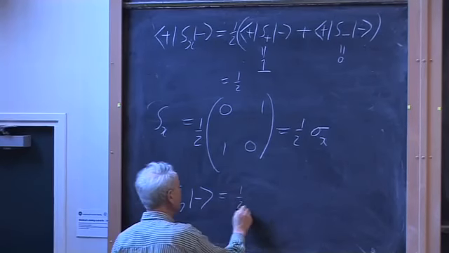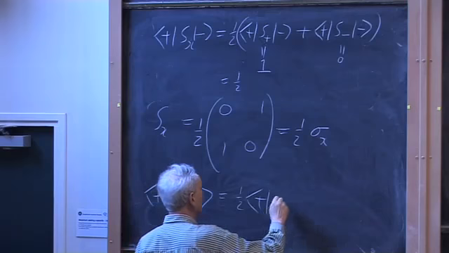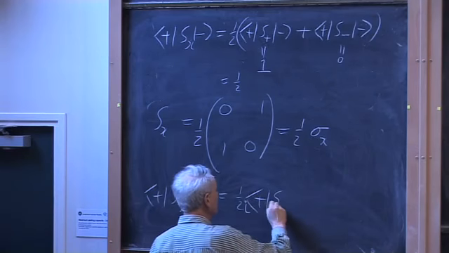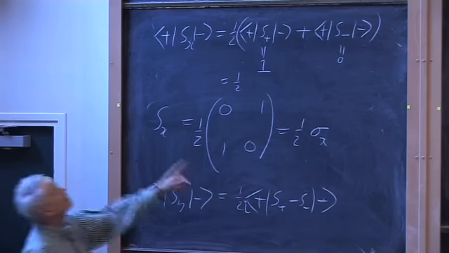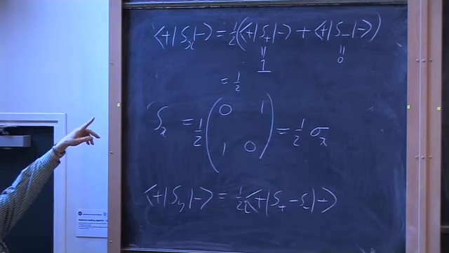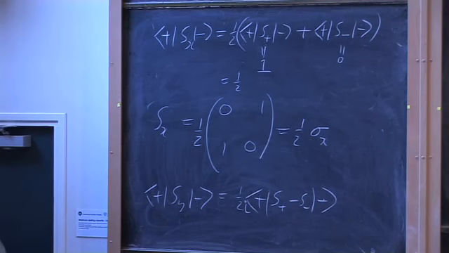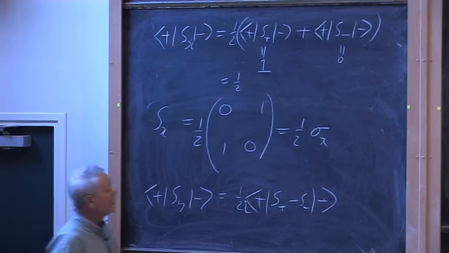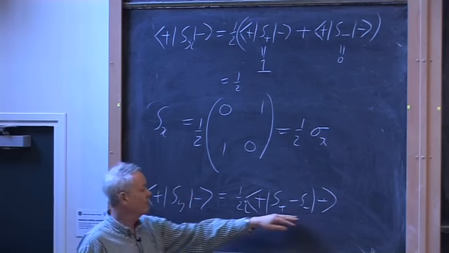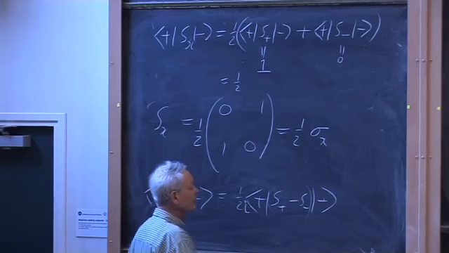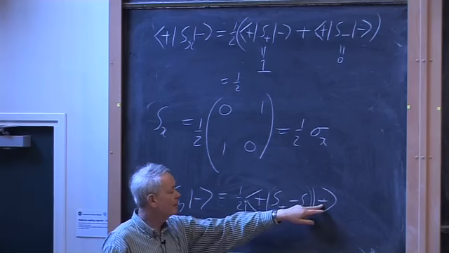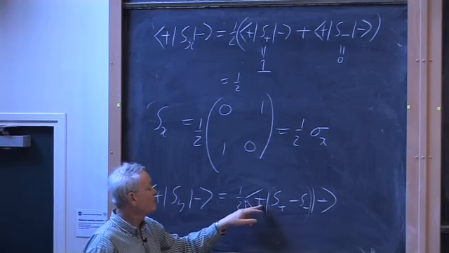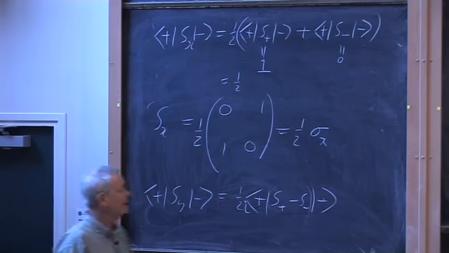we write this as a half of plus, 1 over 2I of S plus minus S minus, right? Because if you take the difference of Sx plus iSy and Sx minus iSy, you will end up with 2i Sy. So we have this, and what do we get? S plus raises minus to plus. So plus S plus minus again equals 1.